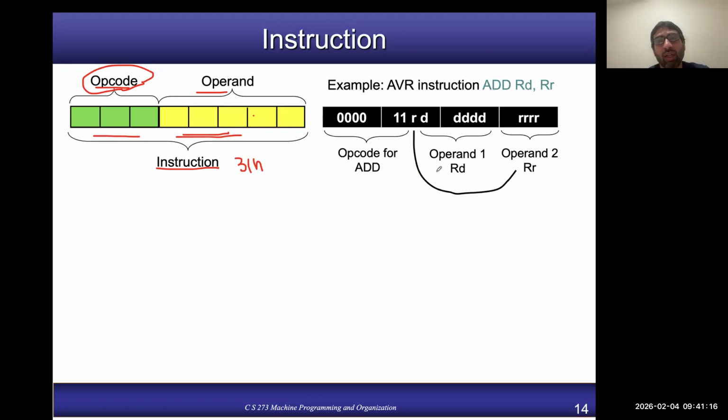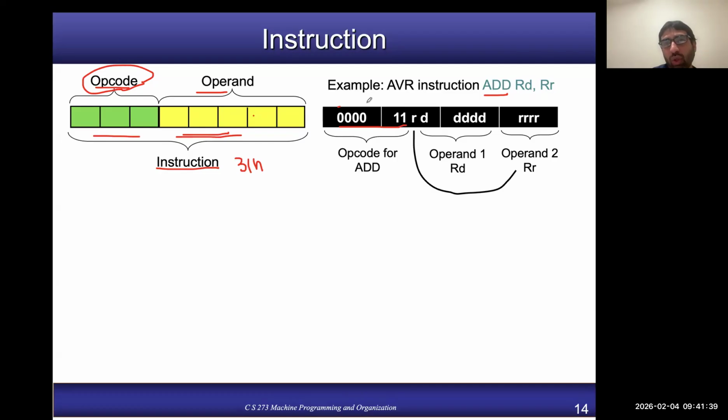For example, if you look at the opcode of the add instruction, right? Here these 6 bits make the opcode. Actually, it's not distributed here, but in the code of some other instructions, the bits which make the opcode can be distributed.